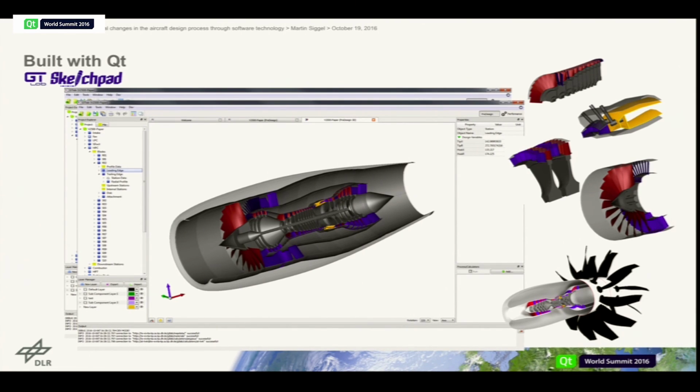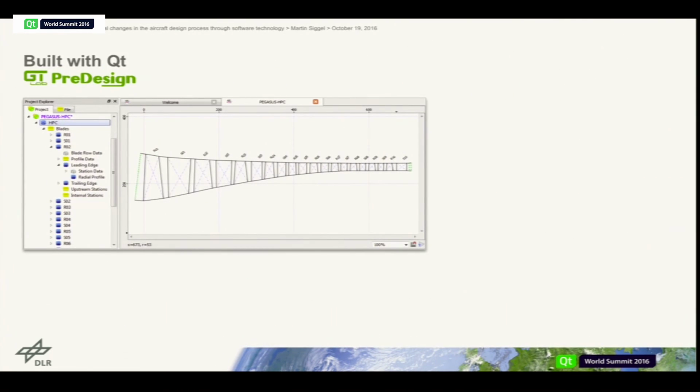And finally, we have the pre-design module, which allows you to be even more specific, to tune all the channels in the engine, to plug different computation models together, like in the RCE program I just showed.